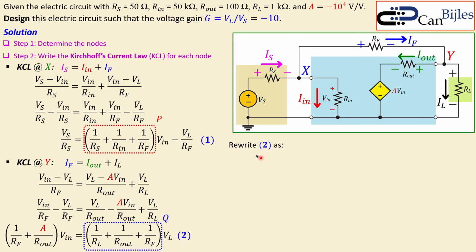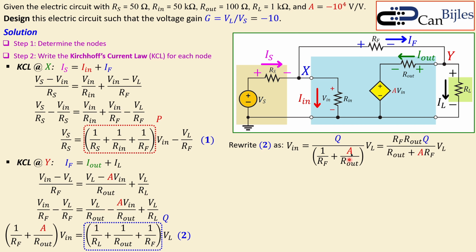Okay, now we first rewrite this equation number 2 as follows. We say Vn is equal to this whole thing, so Q times VL over this part. So that's actually Q over 1 over Rf plus A over R out times VL.